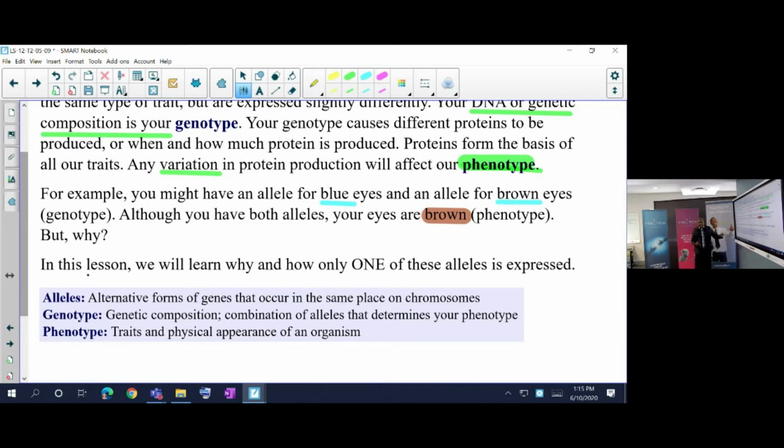Let's look at the definition again, and I want to emphasize, do not cram it. The more we talk about it, the more we also read on yourselves, you would appreciate what they mean. So remember we said genes, 2 copies. Those 2 copies, which may alternate, in this example brown or blue, that's what we call alleles.